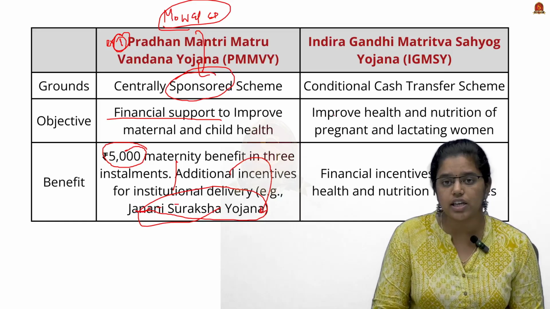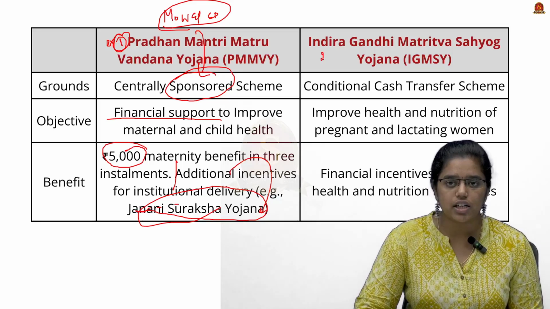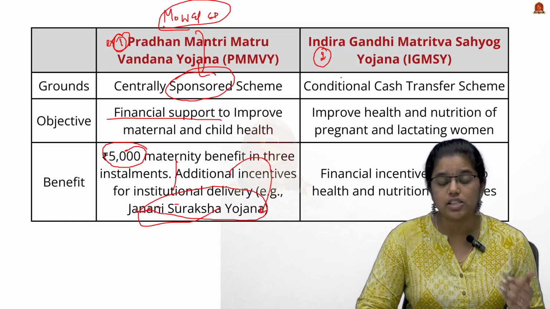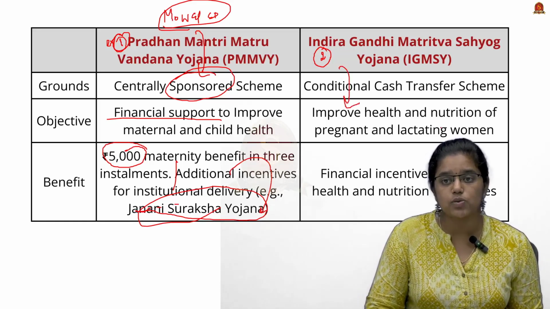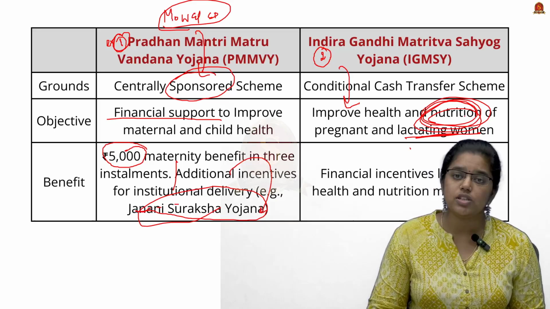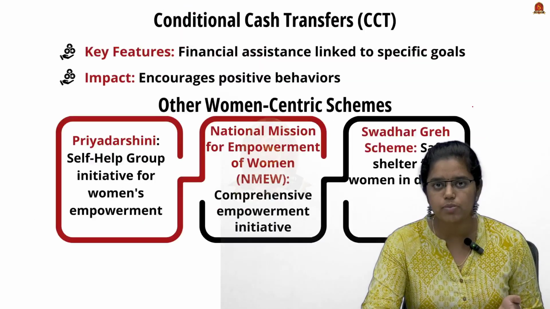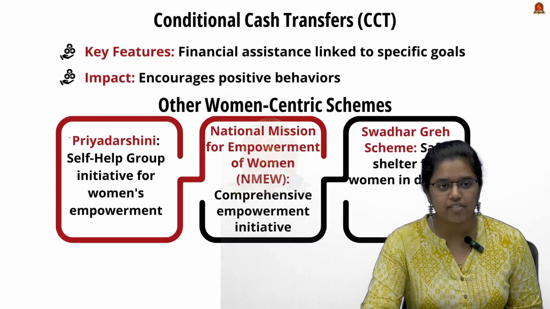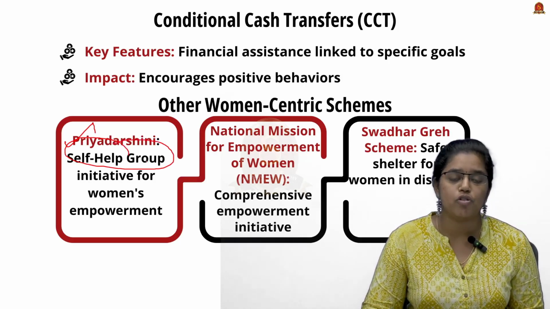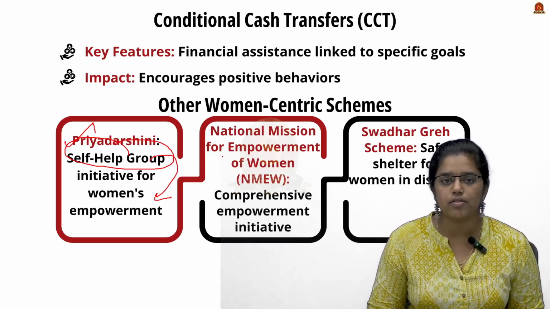Similarly, we have another scheme, the Indira Gandhi Matritva Sahyog Yojana, and this is a conditional cash transfer scheme where the government provides financial incentives to improve the health as well as the nutrition of pregnant as well as lactating women. This scheme also comes under the Ministry of Women and Child Development. We have other schemes that are women-centric. For example, the Priyadarsini scheme, which aims to set up self-help groups for the empowerment of women, and we also have the National Mission for Women Empowerment.